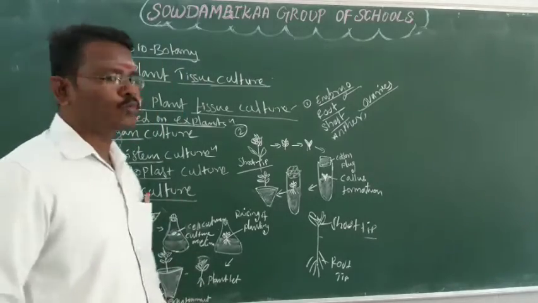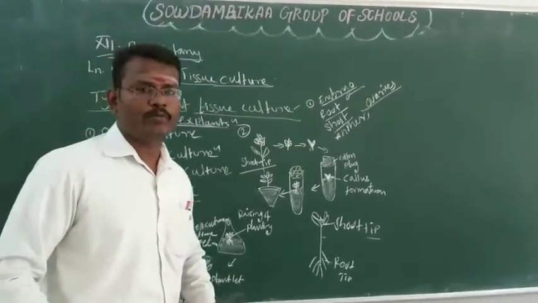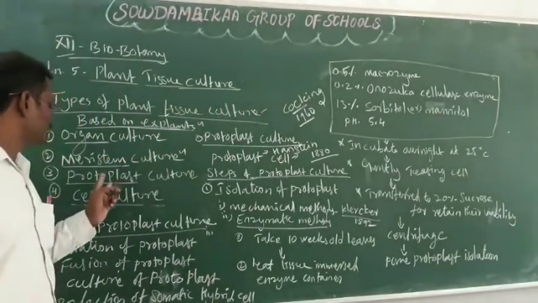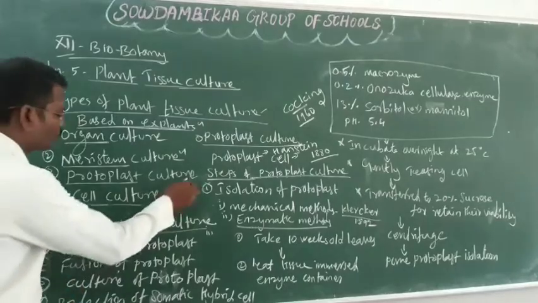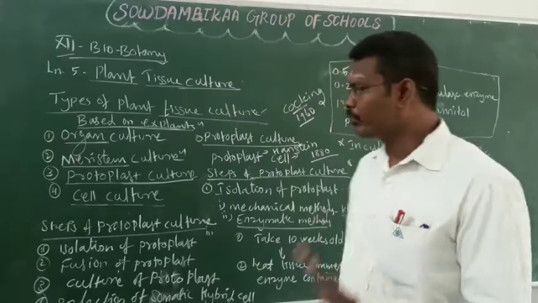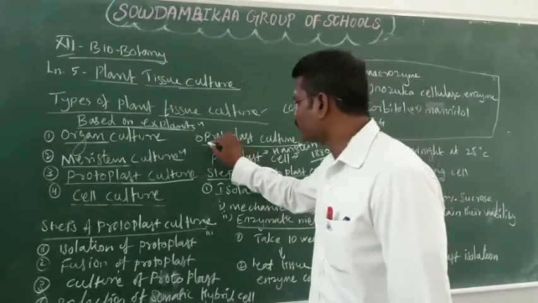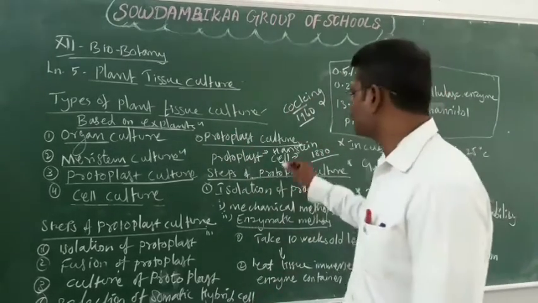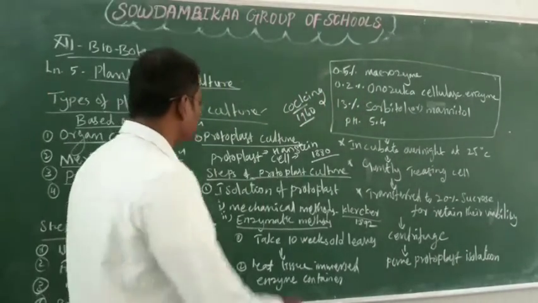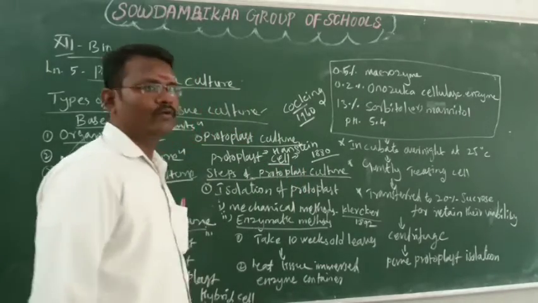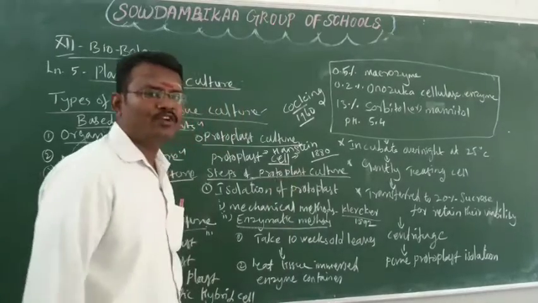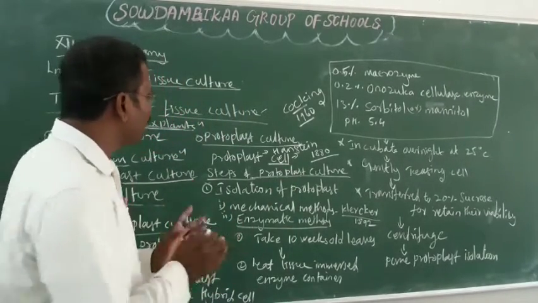Next, protoplast culture is the third culture, and it is very important. First we want to know what a protoplast is. A protoplast is a cell without the cell wall, bounded by the plasma membrane.